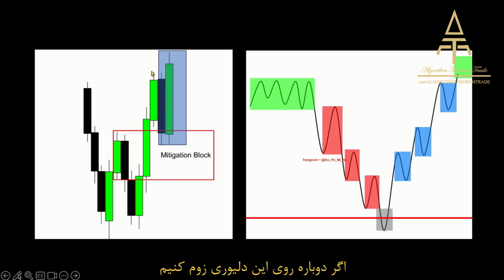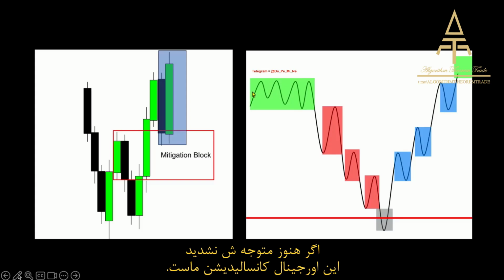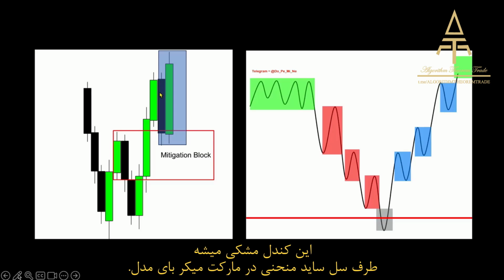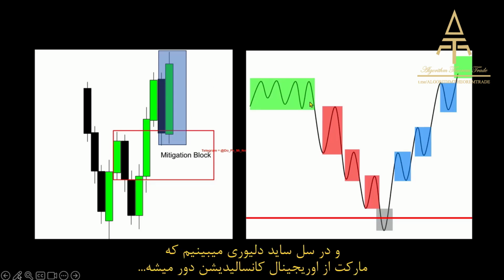If we zoom in again on this delivery right here, we can see that equal highs get engineered right here. That's our original consolidation. If you didn't notice that yet, then this downclose candle is the sell side of the curve within our market maker buy model. So our sell side of the curve in the falling, we can see that market expands away from the original consolidation.